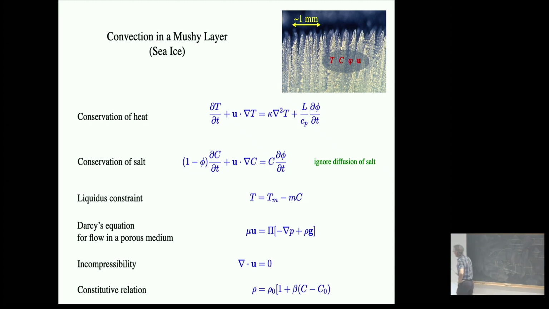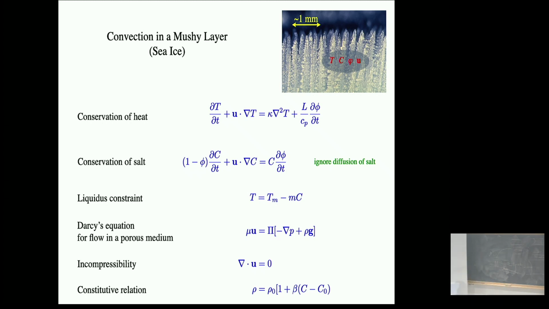Okay? We have this tight constraint, the intimate contact between solid and liquid in the mushy layer, and so the temperature is going to be given by the local freezing temperature, given the salinity of the interstitial fluid.